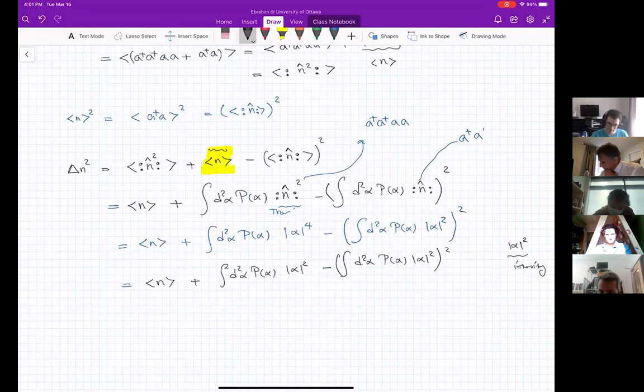By the way, this is to the power of 4, sorry. So let's write it this way: alpha squared to the power of 2. Good, that is better even. Can someone tell me what this is?